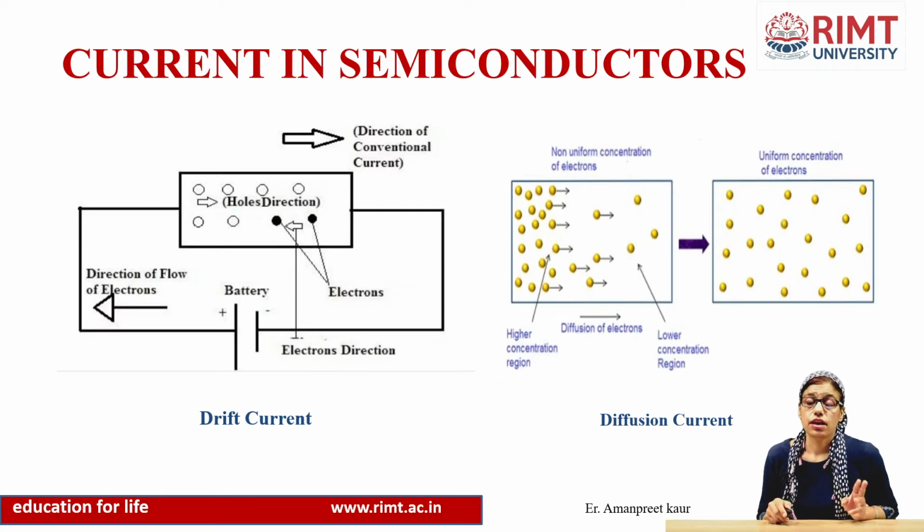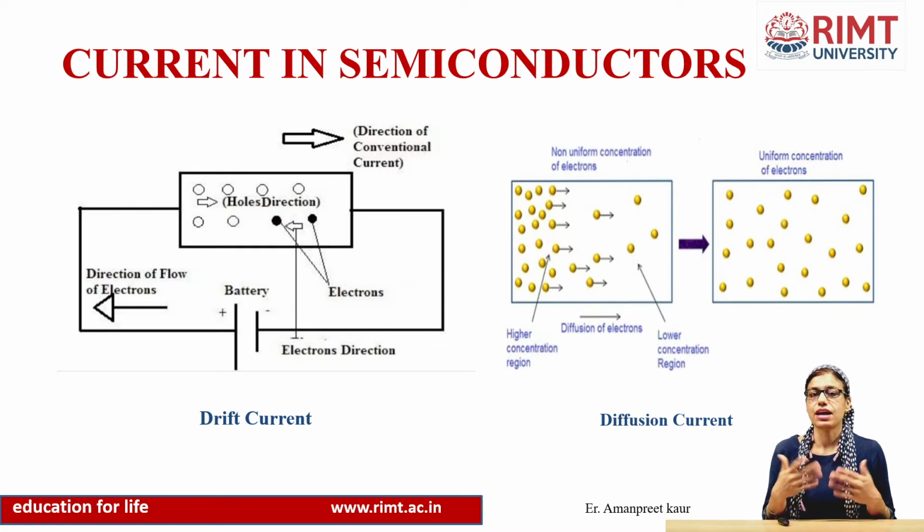Next, there are two types of current in a semiconductor: one is drift current and the second is diffusion current. What is the difference between these two? Drift current occurs when we apply a battery, then the movement of electrons increases, they move randomly and fast. That movement is drift, and because of it current is produced, that is drift current.